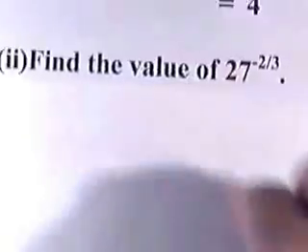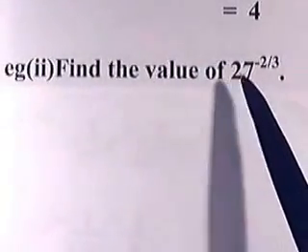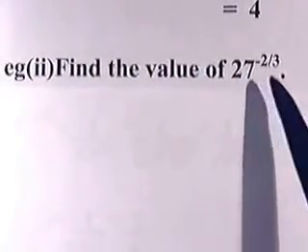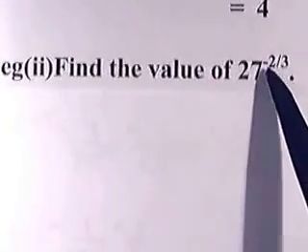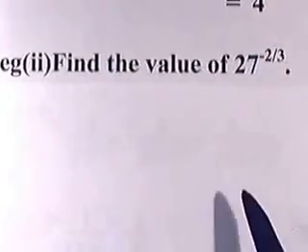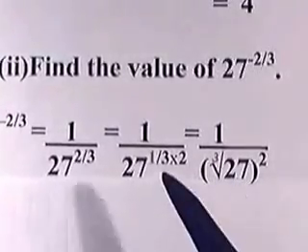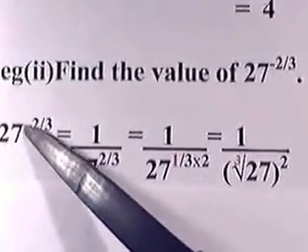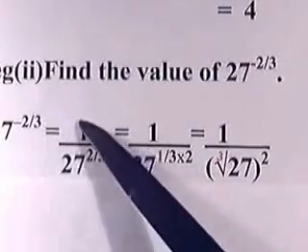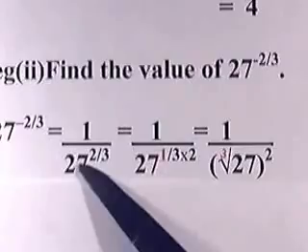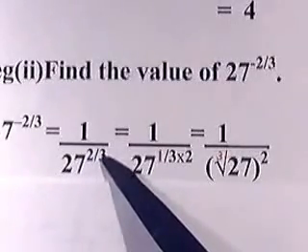Here I've asked you to find the value of 27 raised to the power of minus 2/3. Now, this minus sign, watch out. We saw that if you have a number raised to a negative power, this thing is really the same as 1 over that number raised to the positive power.